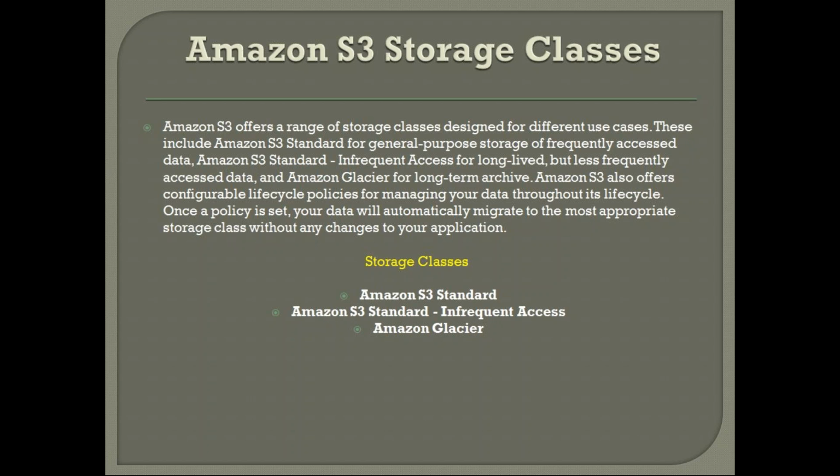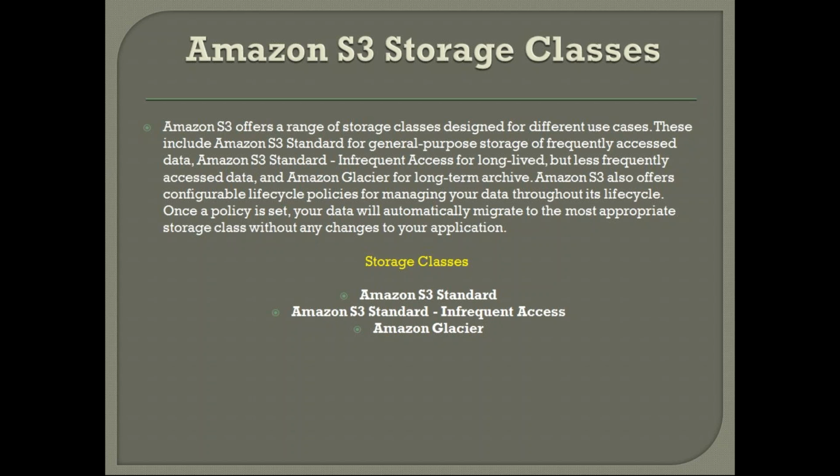The first one we saw is general purpose, frequently accessed. The second one is not general purpose, it's Amazon S3 Standard Infrequent Access, for long-lived data that is accessed very less frequently.